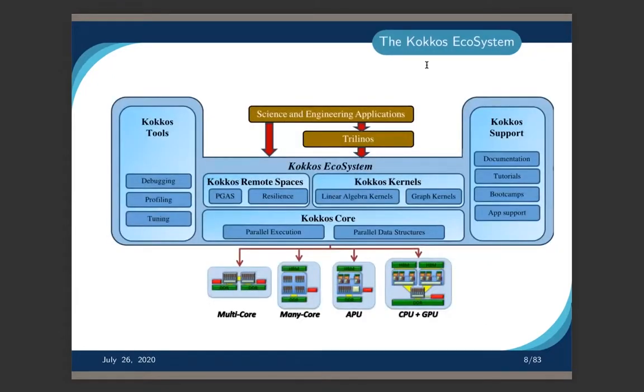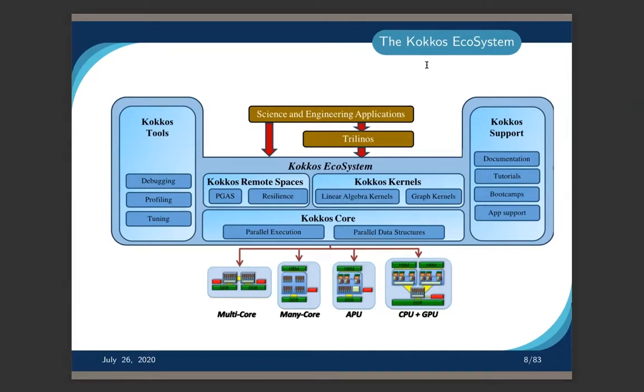I mentioned it already. We have this Kokkos ecosystem, and we have this Kokkos core, which is what I'm going to talk about today, which provides for parallel execution and parallel data structures, etc. And then there's Kokkos kernels, the math library, which provides linear algebra kernels, graph kernels, etc., as well as the interface to vendor libraries like MKL and cuBLAS and cuSPARSE and stuff like that.